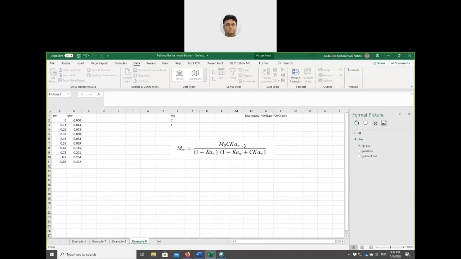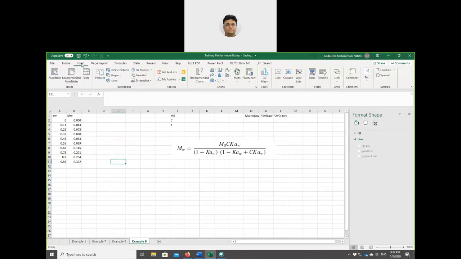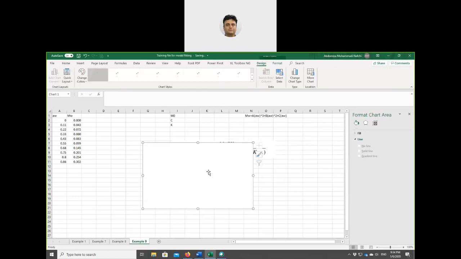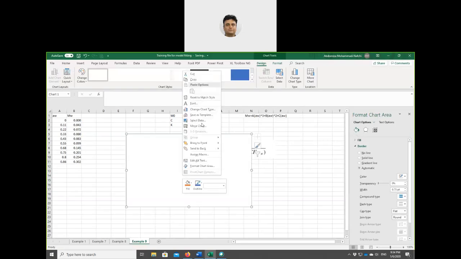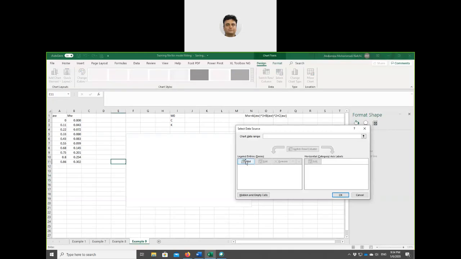For the polynomial model, because it's easier, I draw it first, AW and MW. Just click one cell here far from your data, press Insert, and then Scatter. Come to an empty space, right click, select data, add the data.